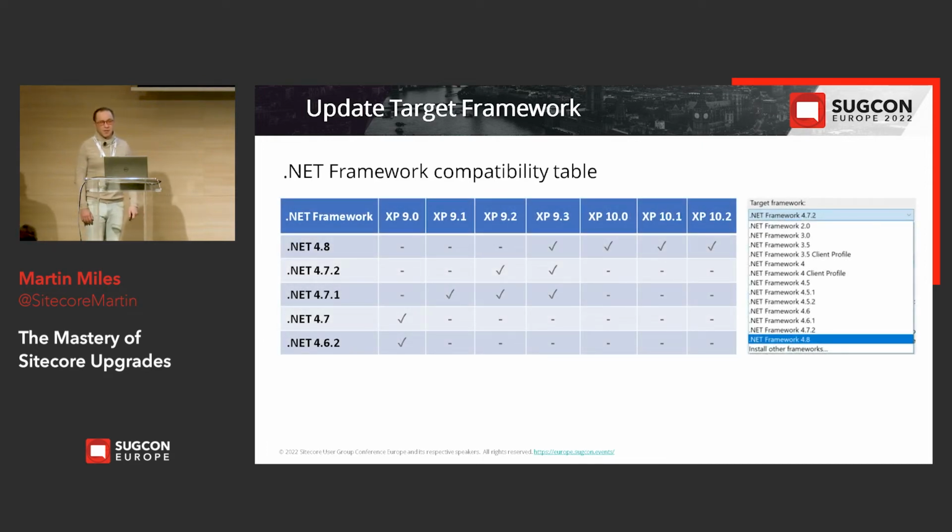4.8 is the terminal version of .NET Framework, so it's been used from 9.3 onwards, but migrating from all earlier solutions will require you to update the target framework for every project within the solution. I personally prefer doing that, guess where, in PowerShell, with a one-liner, but there is a Target Framework Migrator. This is an extension to Visual Studio that also allows bulk updates of the target framework for the whole solution.